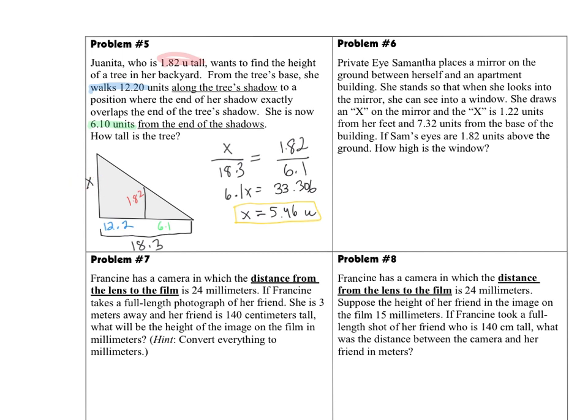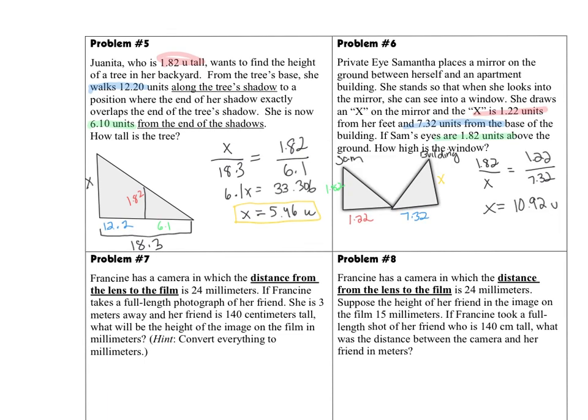We're going to say the height of the tree, x, is in proportion to the shadow length, which is 18.3, and that is going to equal her height, which is 1.82 units, and then her shadow, or the distance between her and the end of the shadow, which is 6.1 units. And if we cross multiply and divide, we're going to get that the height of the tree is 5.46 units.